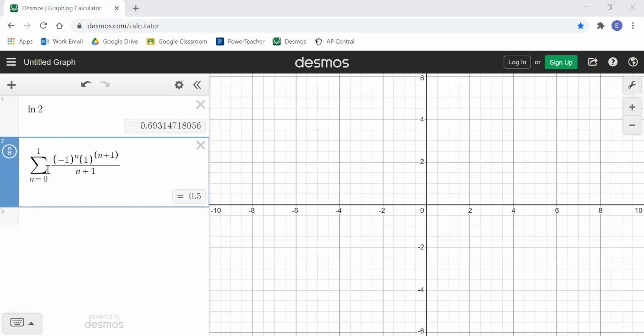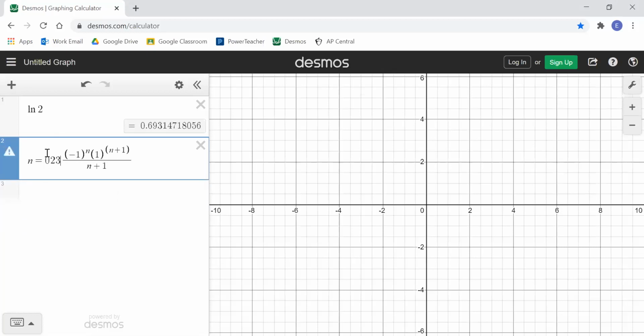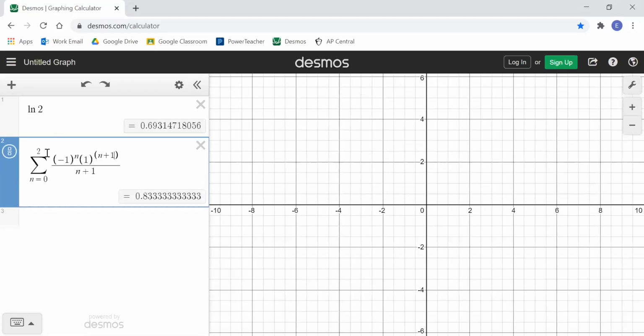And so if we go from 0 to 1, we're at half. If we go to 2, 3, oh no, I messed that up. Okay, 3, 4, 5. We can see it's oscillating back and forth.